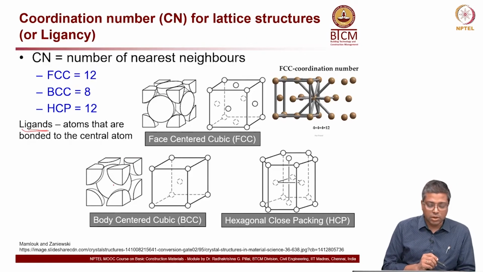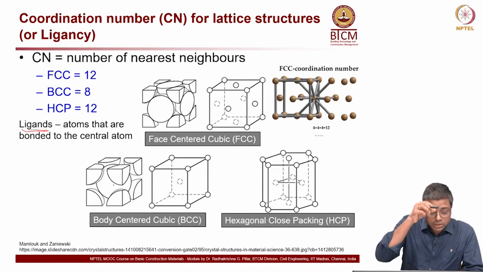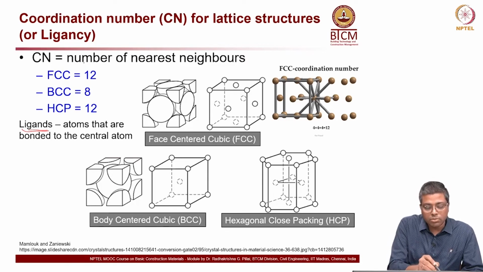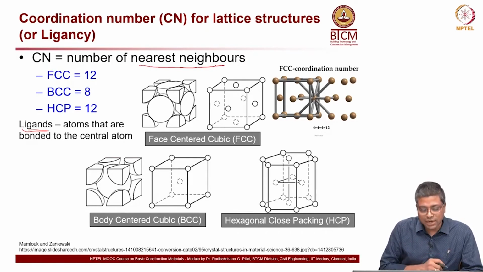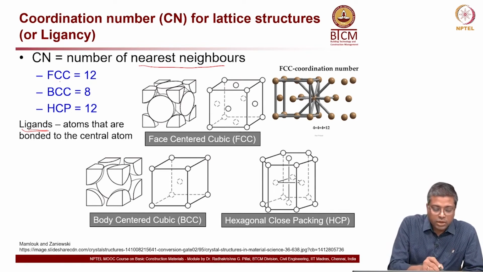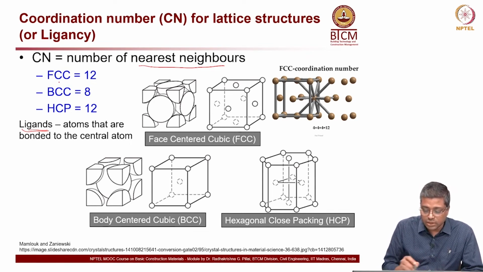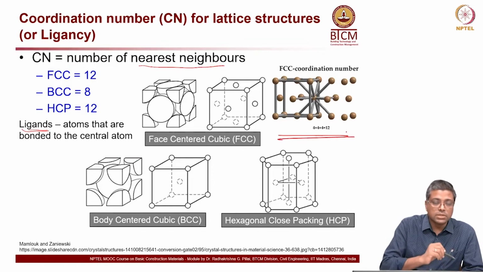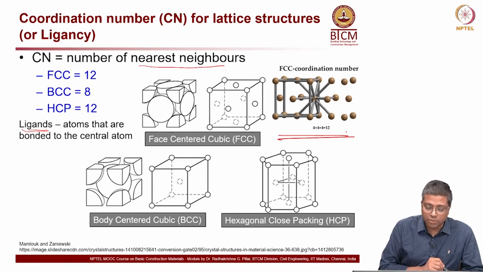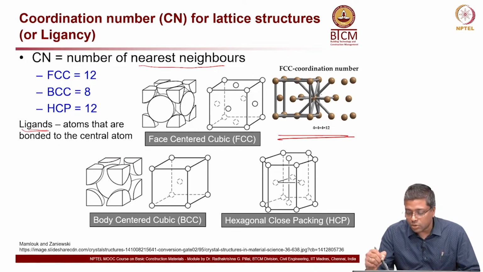Okay. So, that is how the coordination number is counted. So, what is coordination number? It is the number of nearest neighbors for a central atom. Okay. Now, for the case of FCC, that is the first one here, the coordination number is 12. How do we calculate that, or how do we get that number?